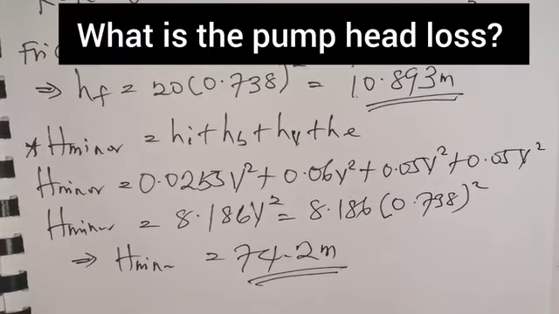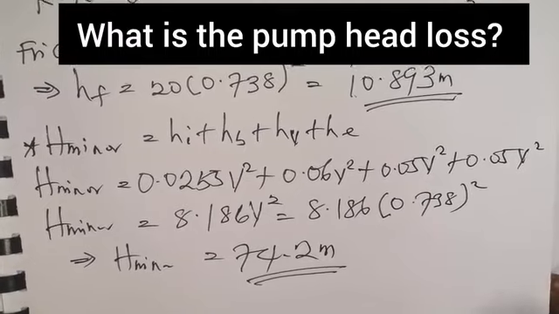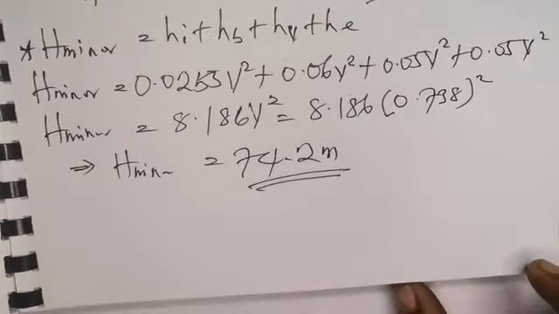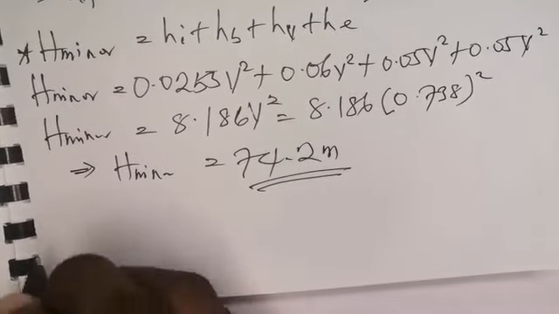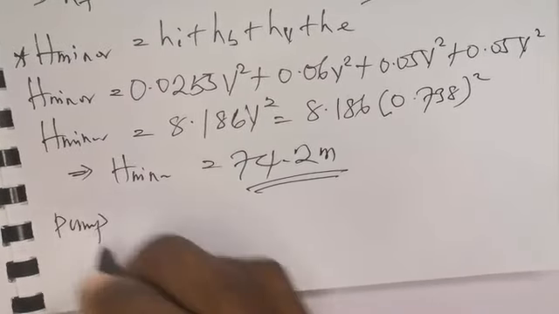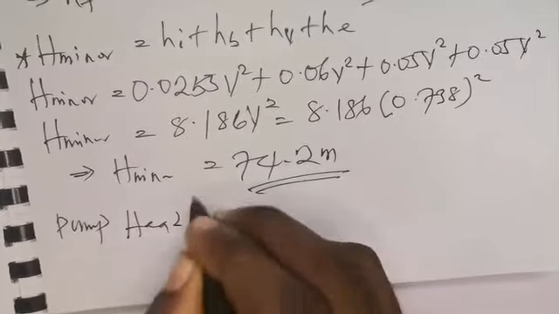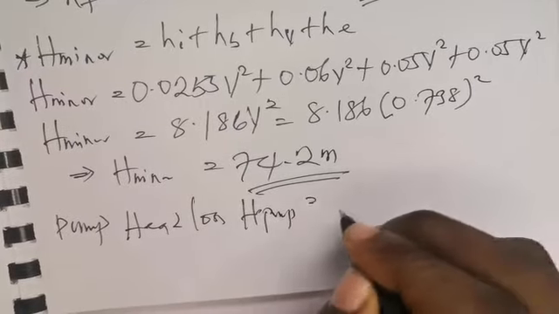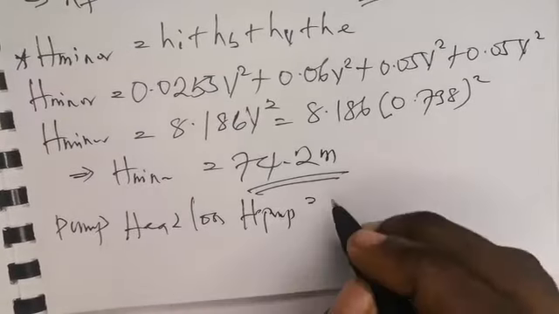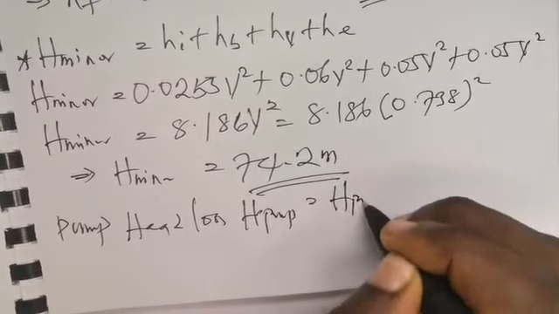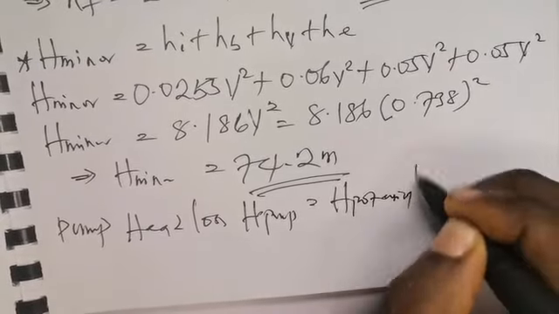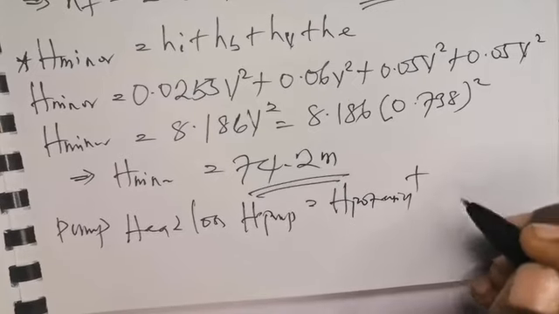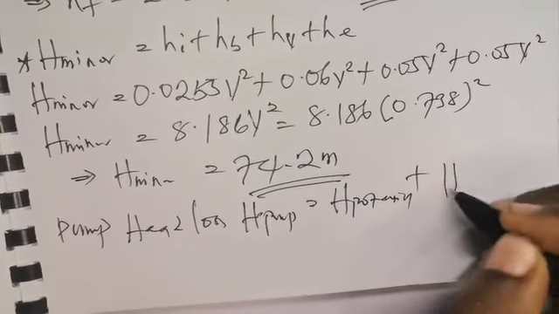The next question says, what is the pump head loss? Now, the pump head loss, call that H pump, is equal to the potential head loss plus the total minor head loss.